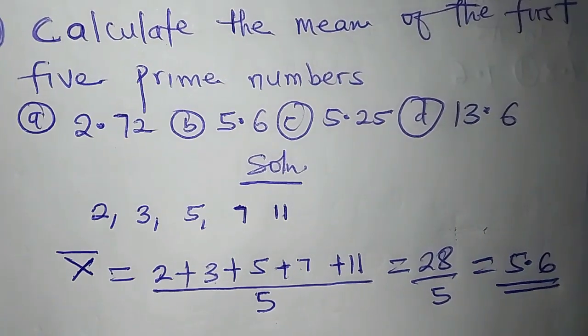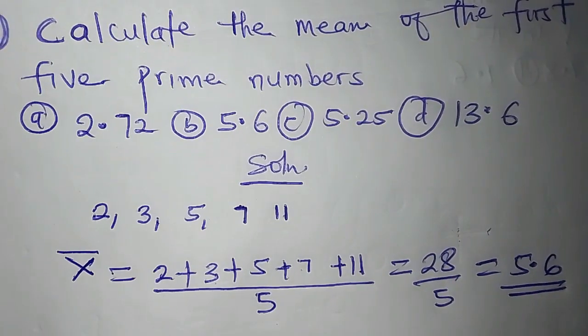So the mean of the first 5 prime numbers is 5.6. Now we can see option B.